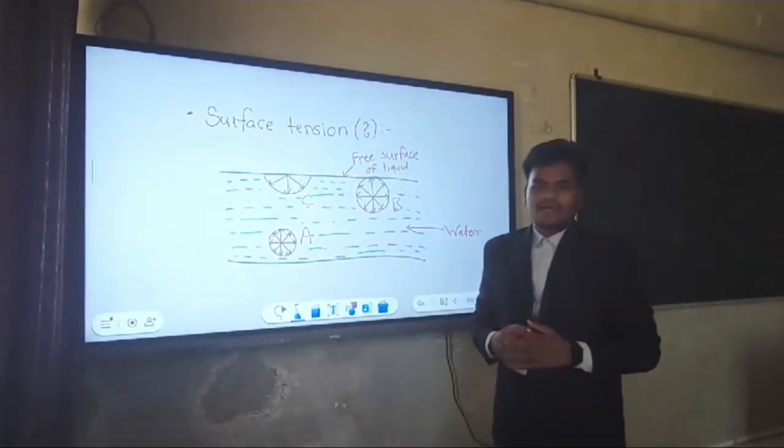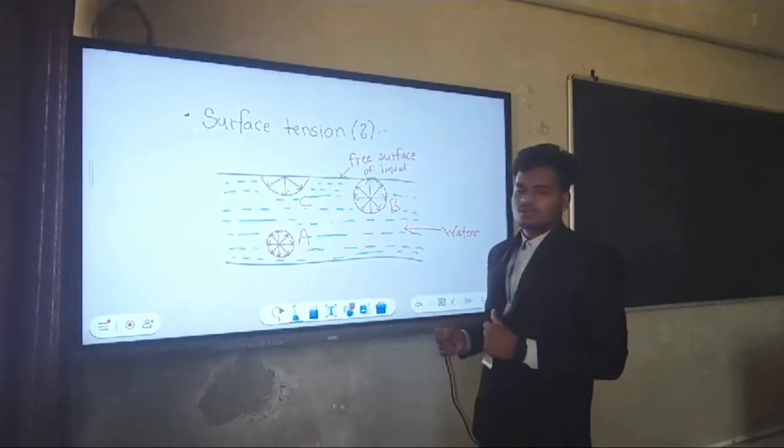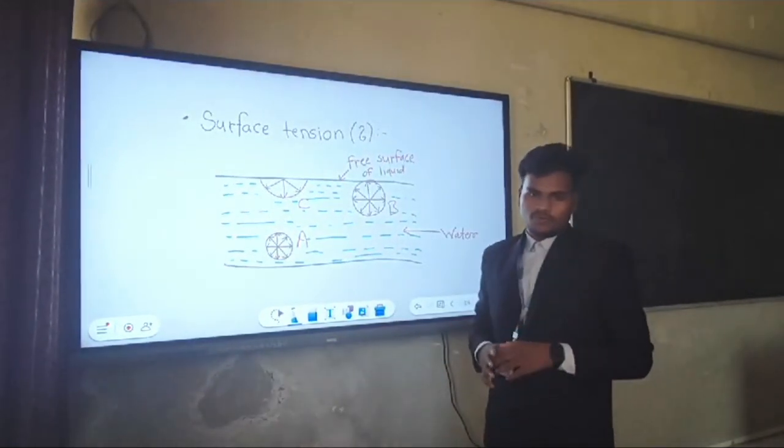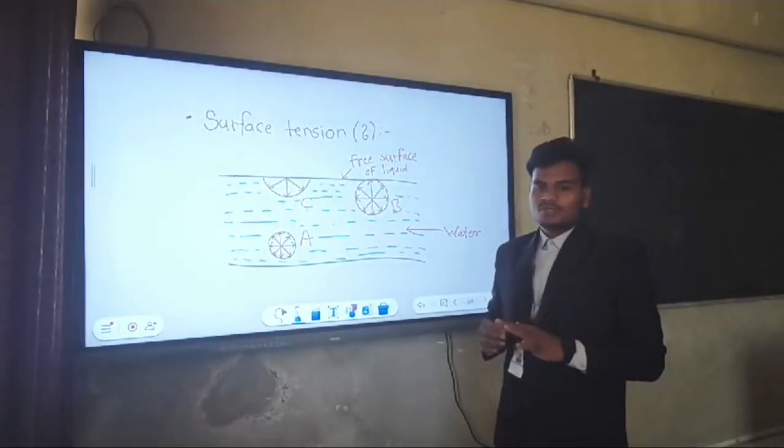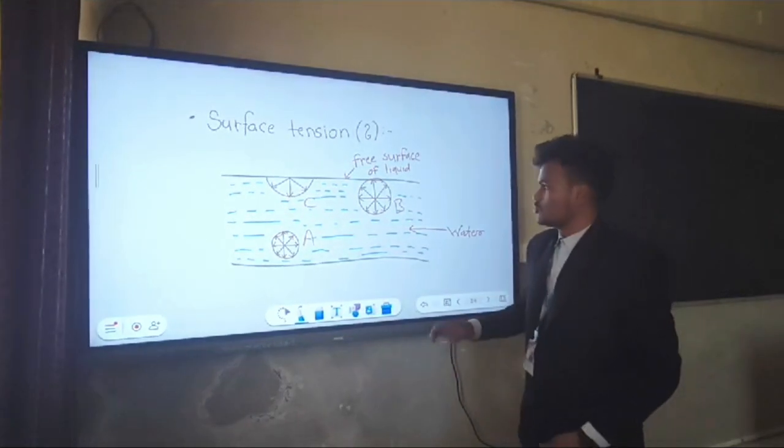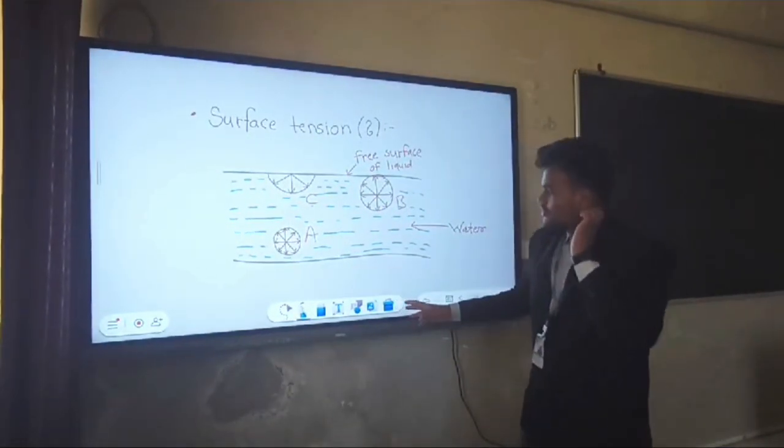It is defined as the tensile force acting on the surface of a liquid which is in contact with air or gas. Here I have drawn one diagram.